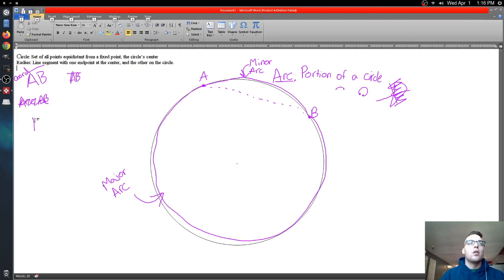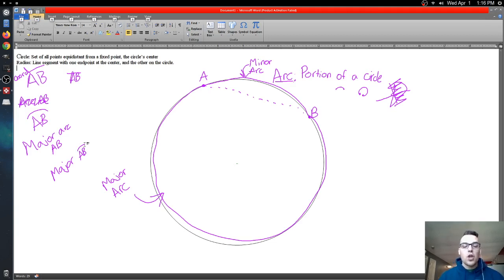With arcs, you would say it's the arc that goes from A to B, and we literally draw an arc that goes above it. So that there would be minor arc AB. Now, in this case, I would just differentiate. I would have to say this is minor arc AB, major arc AB, and that's when you would actually write out the phrase, oh, major arc AB. Or sometimes, a little less commonly, you'll see major arc AB, like that.